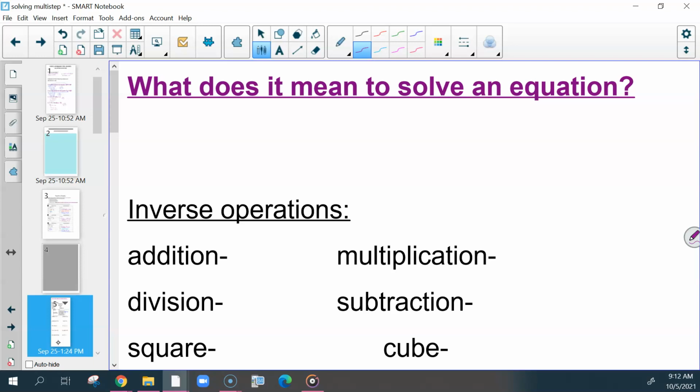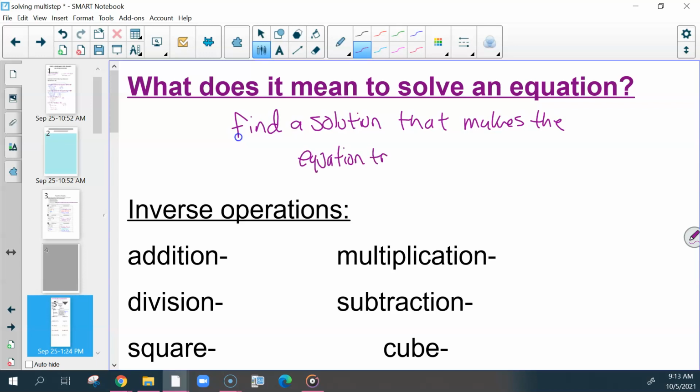So this question is kind of like the first one, but now we're going to include what we talked about before. To solve an equation, we have to find a solution that makes the equation true. Part of that sentence is a little redundant, because the definition of the solution is that it makes it true.